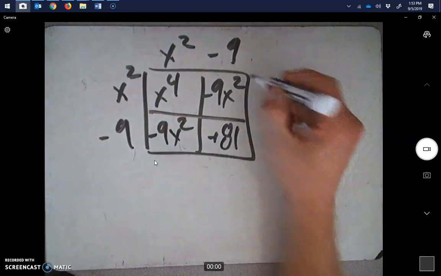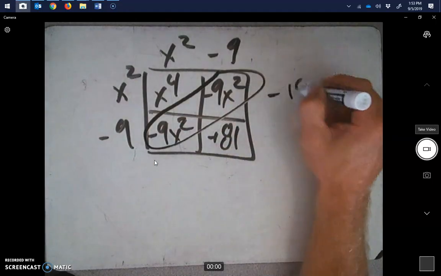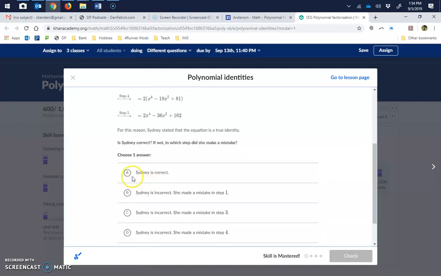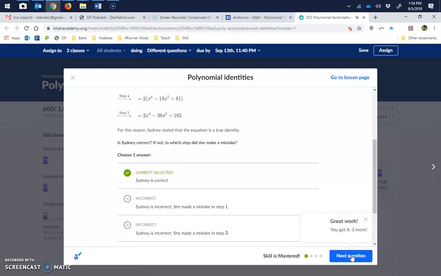So this becomes negative 18x squared, which is where this came from, and then x to the 4 and positive 81. So that's all correct. And then finally Sydney multiplies 2 times x to the 4, which you get that. 2 times negative 18 is 36x squared. And finally, 2 times 81 is 162. So I think Sydney is correct. And she is. Or he. I don't know. Sydney is correct.